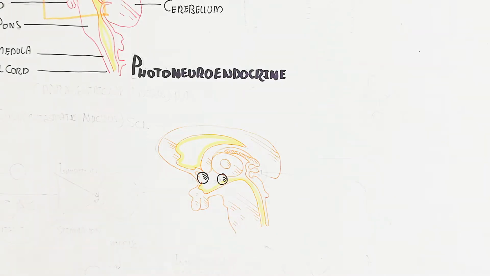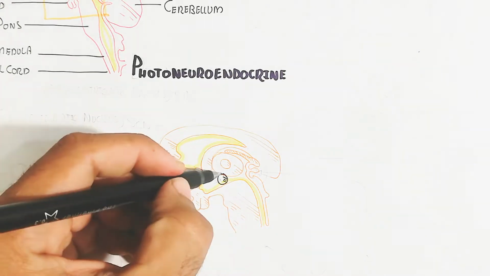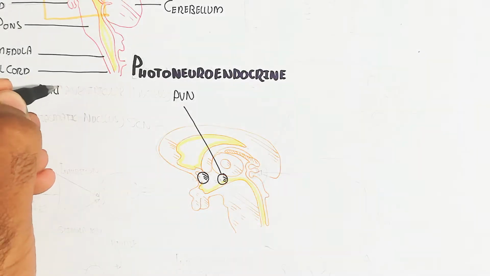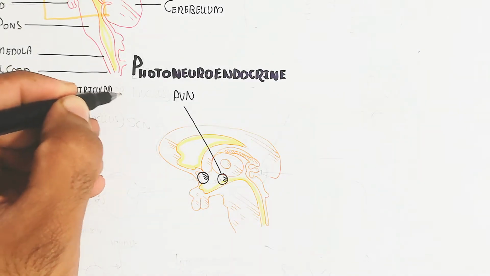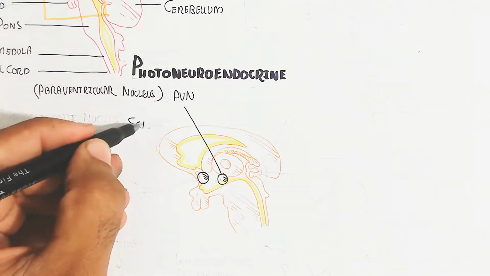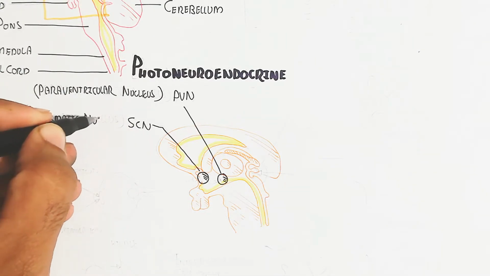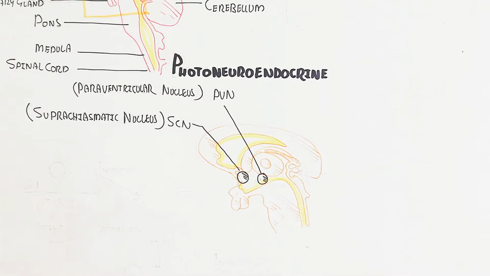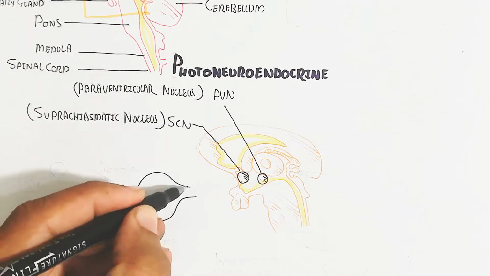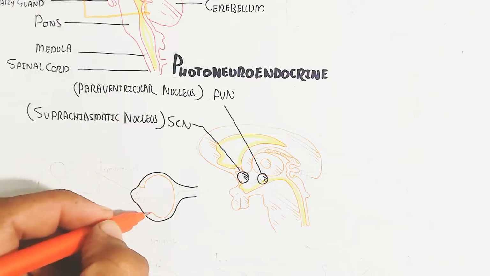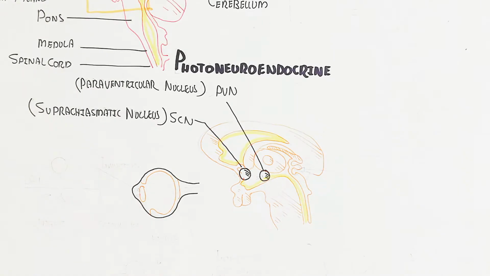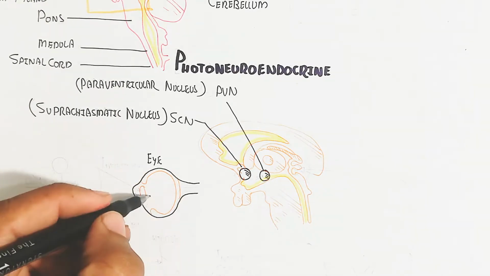So these are the two nuclei, the paraventricular nucleus and the suprachiasmatic nucleus. These two nuclei are involved in the release of melatonin from the pineal gland as a photoneuroendocrine hormone. This is the eye, remember, and this is the lens and retina.